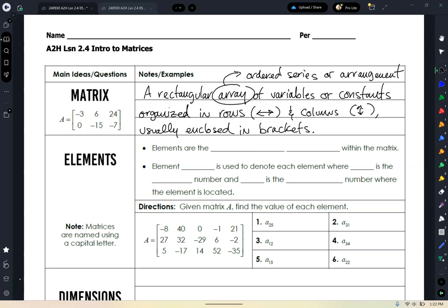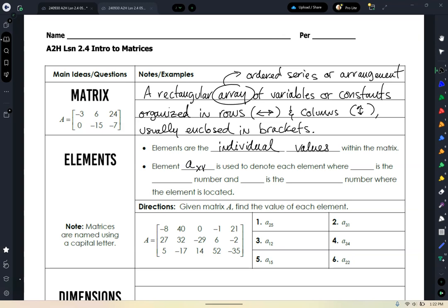Okay, now, the elements of a matrix, those are the individual values within the matrix. And then we use this notation here. I'm just going to use a lowercase a sub xy. I could use any variables here, okay?